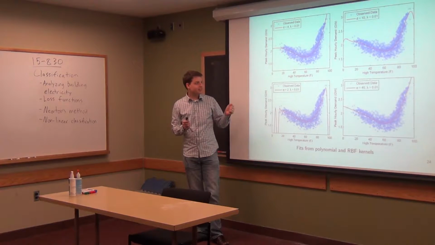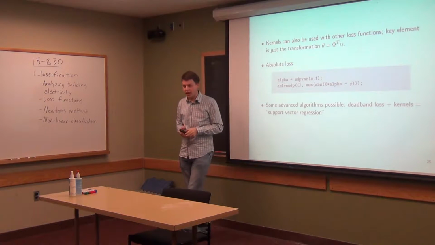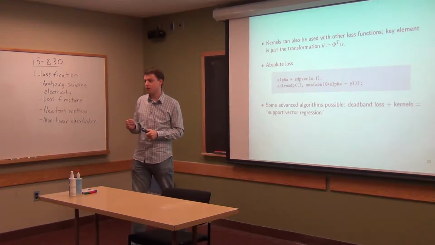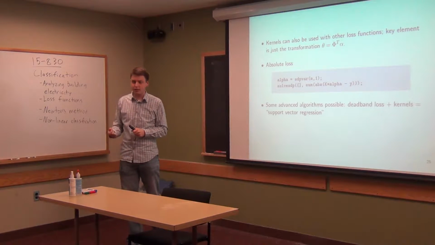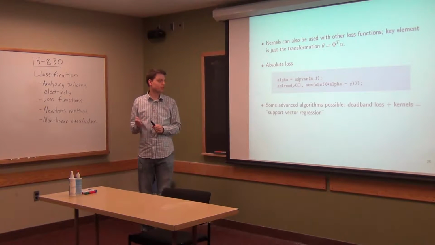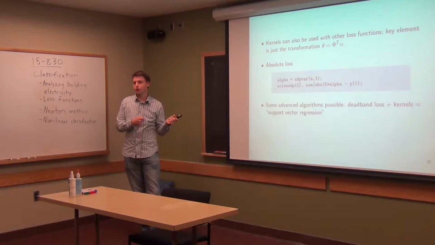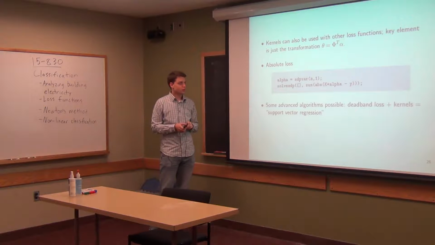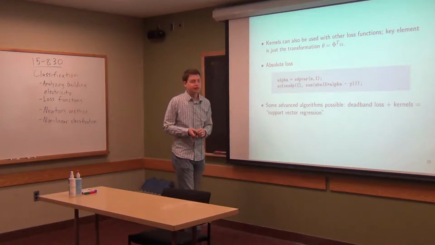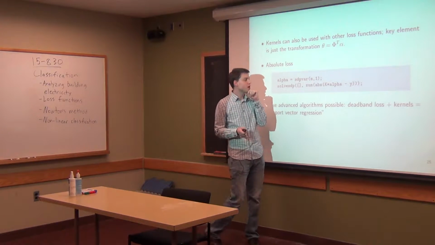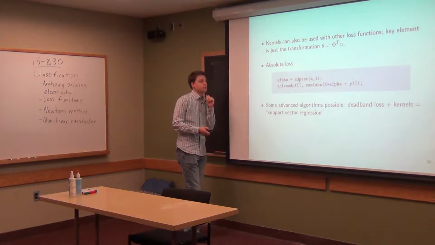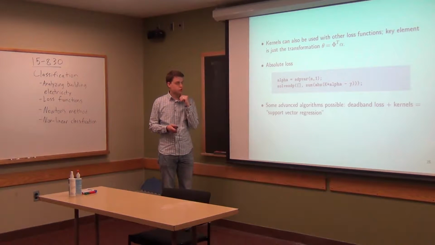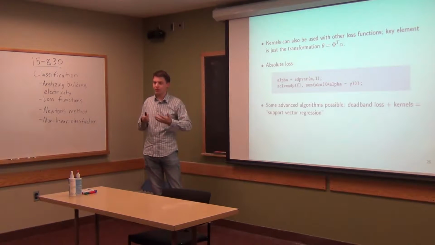And then finally, the last thing was that you can apply this. I think one of the 830 problem sets actually asks you to apply kernels directly to the absolute loss formulation and write out this whole optimization problem. But the point is you can apply this to other loss functions and really a lot of other situations.